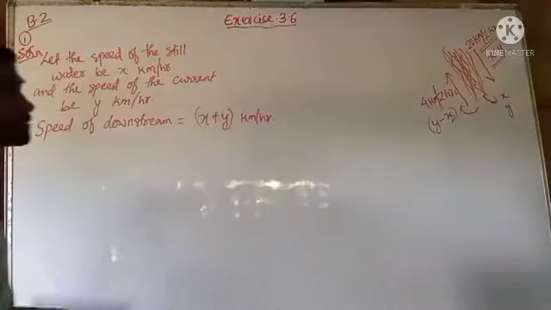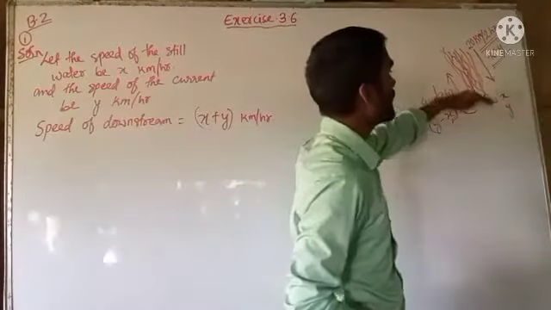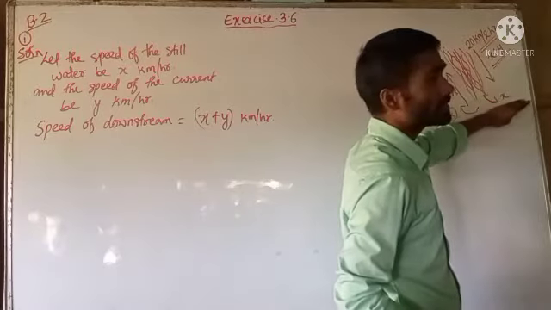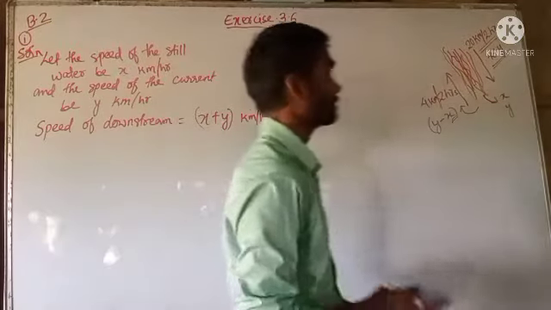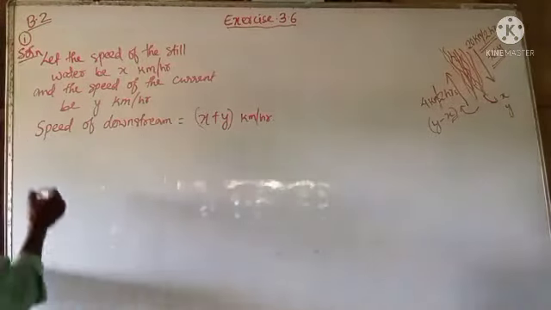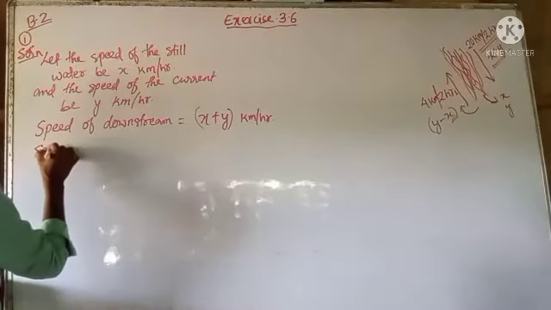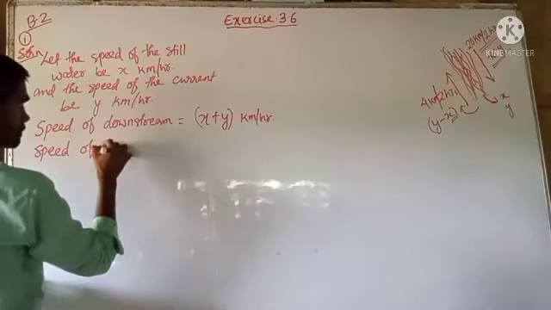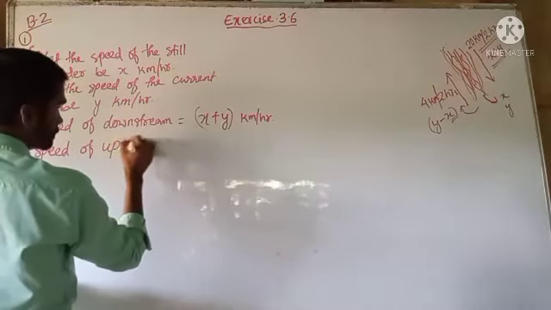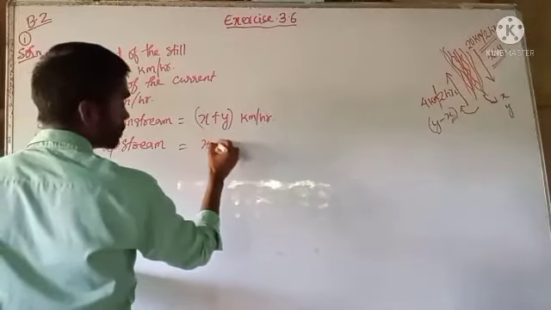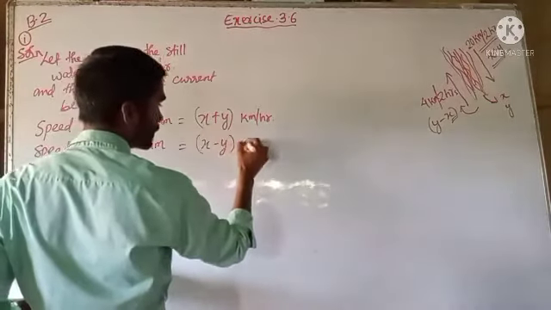That means when she is going downstream, the speeds get added up, but when she is going upstream, the speed gets subtracted from her speed. So the speed of downstream is added up here, then the speed of upstream is x minus y km/h.